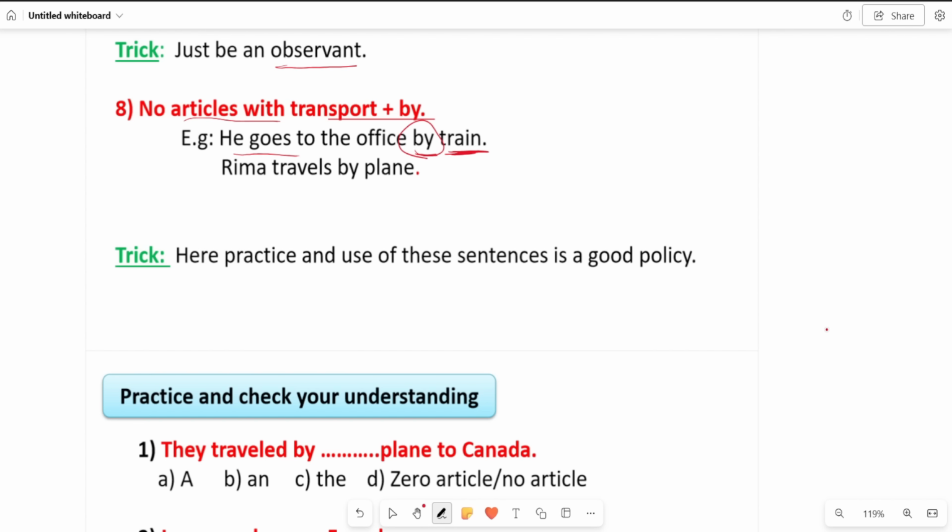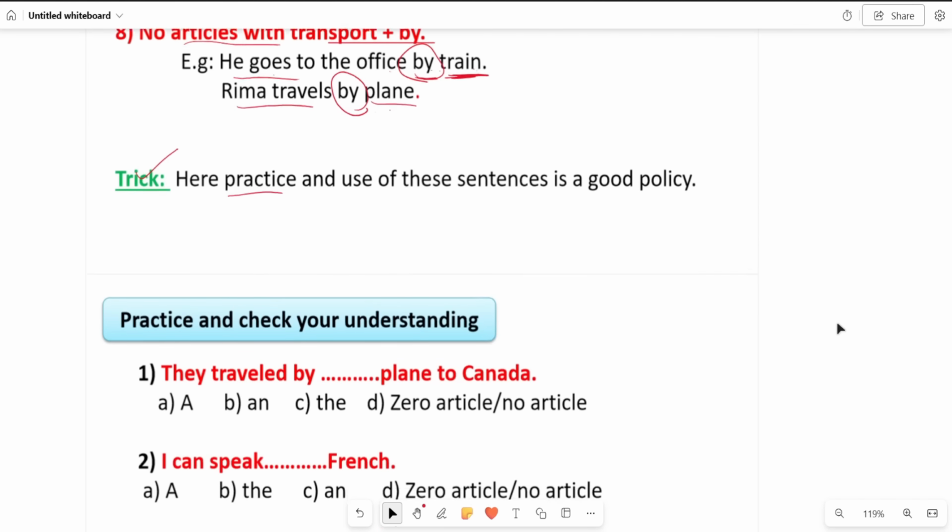So simply we will say or speak like this: He goes to office by train, by bus, by plane, etc. Similarly, Rima travels by train, right? So when we use by, after that for transport vehicles we don't use any article. That is the point we have to remember. So what would be the trick here? The trick is to practice and use those sentences as a good policy. So we have to use these sentences every day.